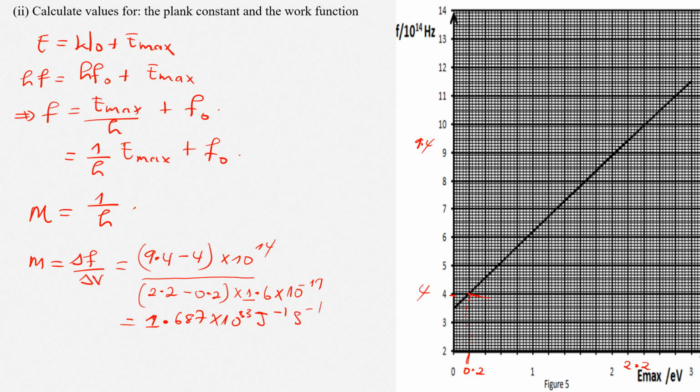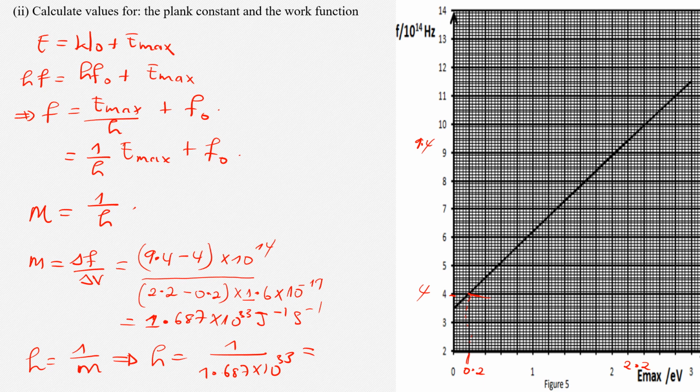Okay, so this means for us to get the Planck's constant, h will simply be equal to 1 divided by the gradient, that's the slope m. So this means that h will be 1 divided by 1.687 times 10 to the 33, which will be equal to about 5.92.